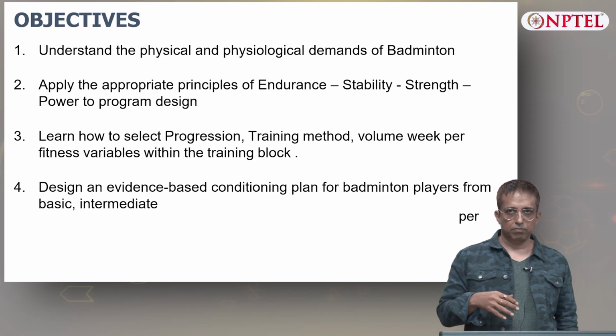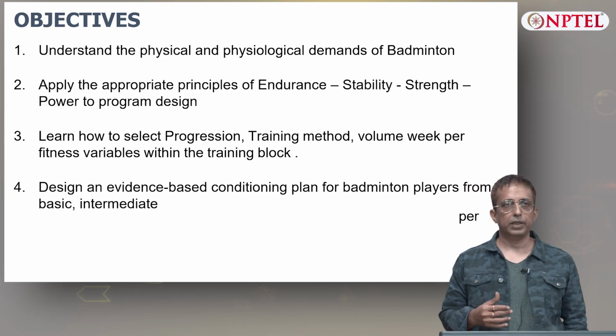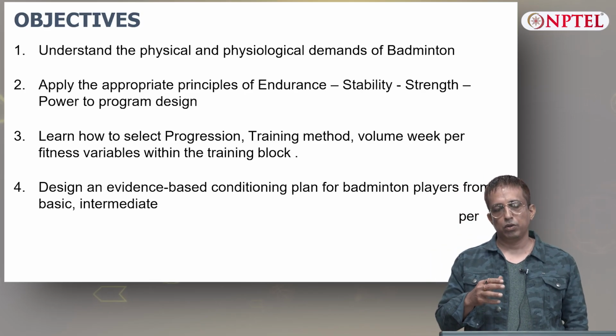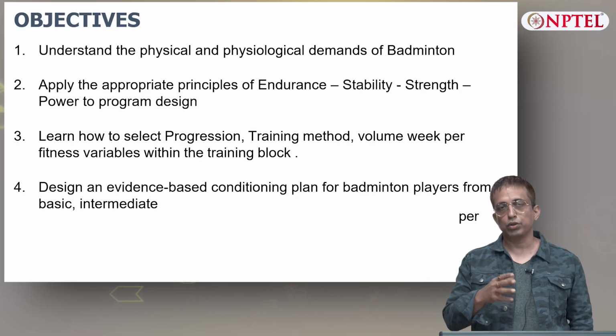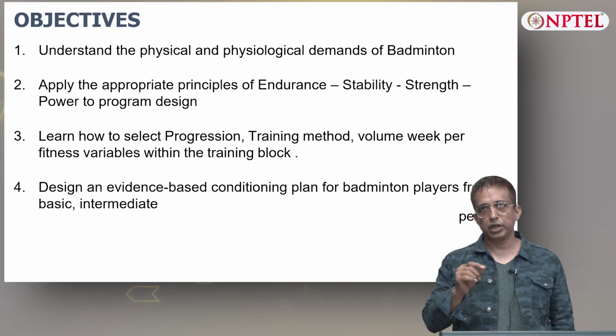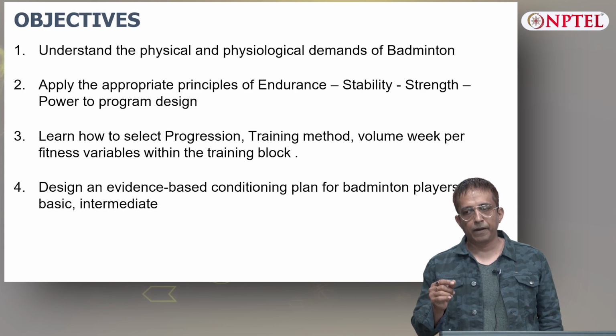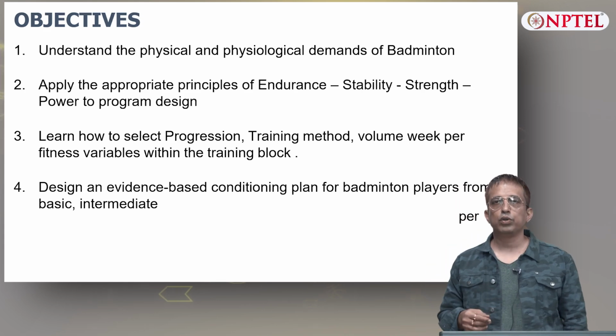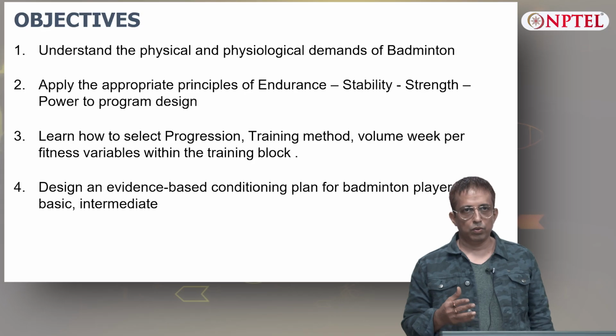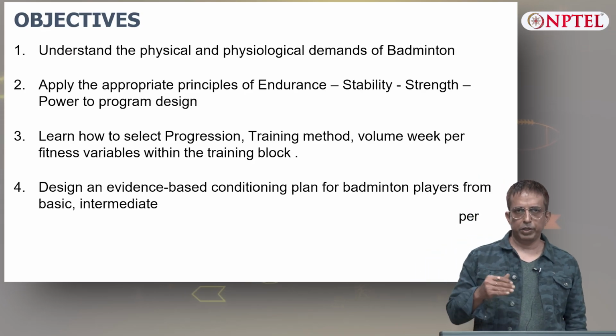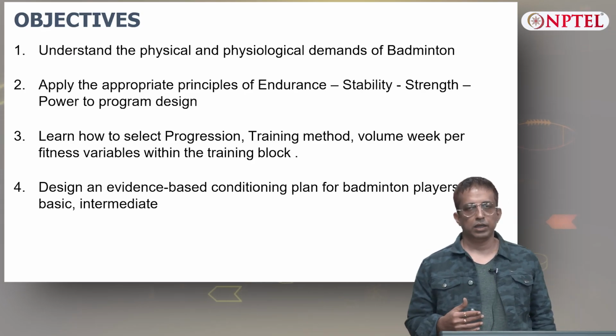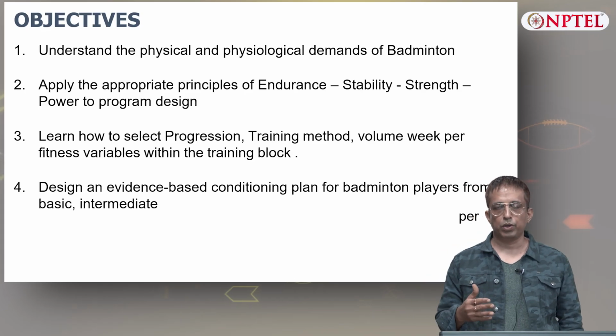What is required for a badminton player? Because this whole course is about conditioning program design, you first need to know what it is that you're going to condition. As we go through the lectures, you'll get to know what we are doing.